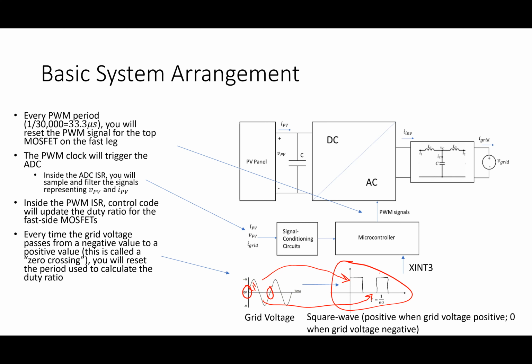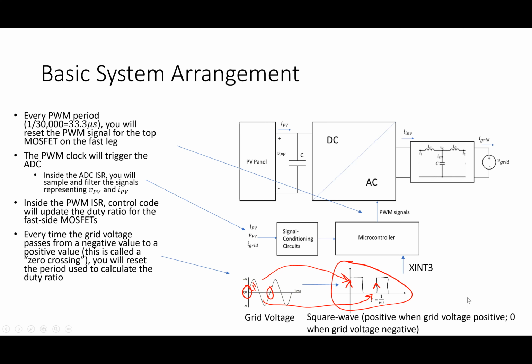So every time this square wave goes from 0 volts to 3.3 volts, what we call every rising edge of that waveform, which I mark with these arrows, is basically the zero crossing of the voltage. I want to know when that occurs to make sure that my PWM is synchronized to the grid voltage. Okay? So those are the basic functions.